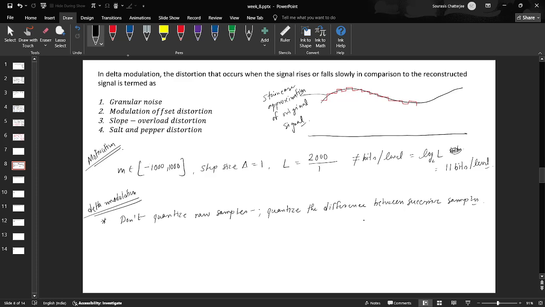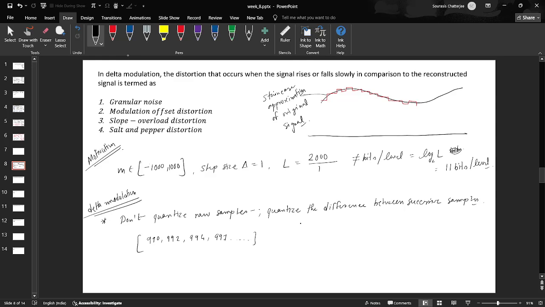Now if your sampling frequency is quite high, in practice your signal doesn't change really abruptly, right? It changes by small amounts. So the successive samples have values like, let's say, 990, 992, 994, 997, stuff like that.